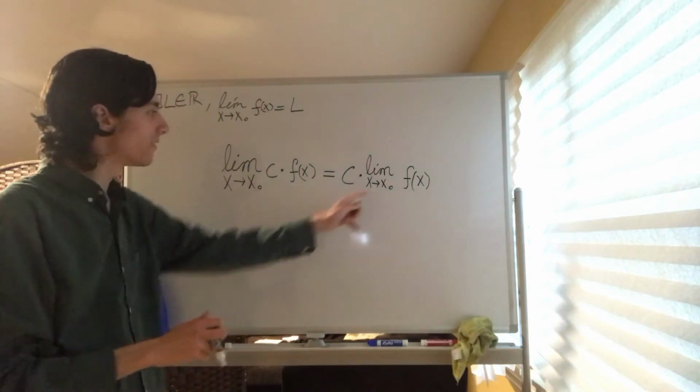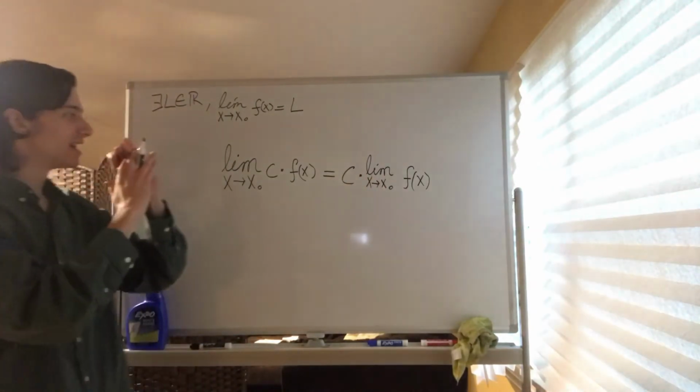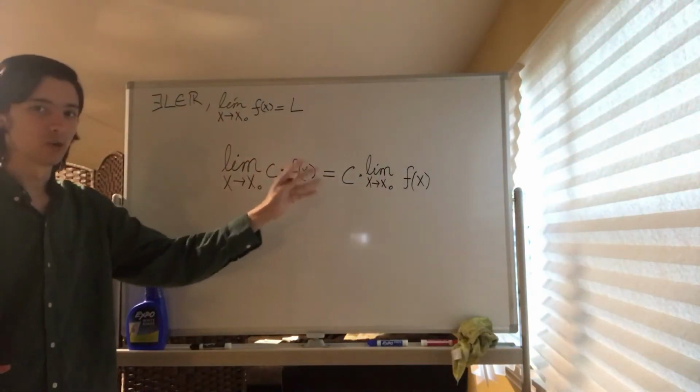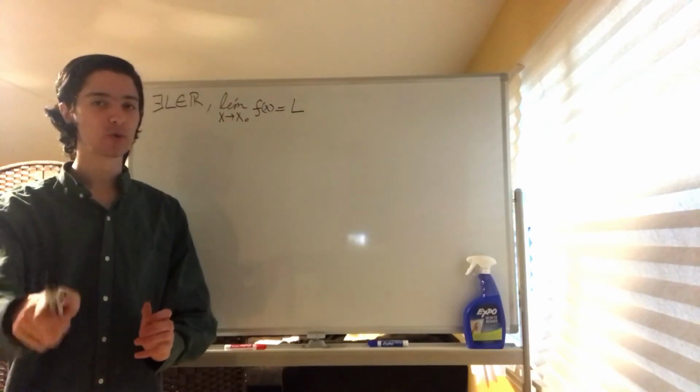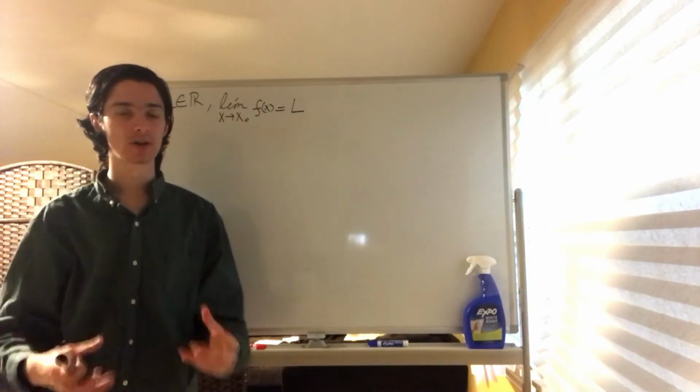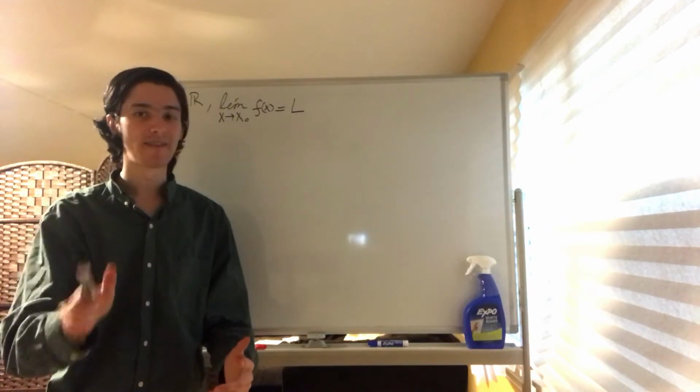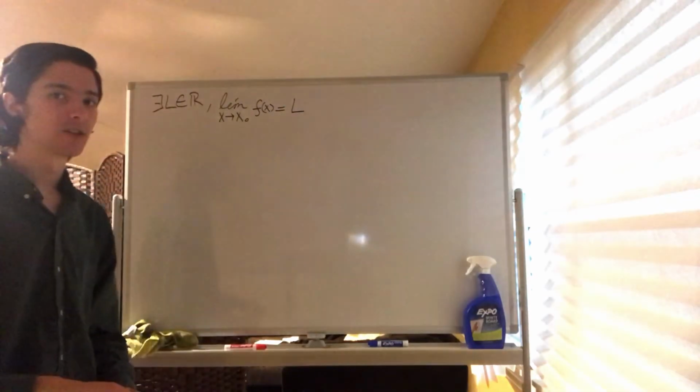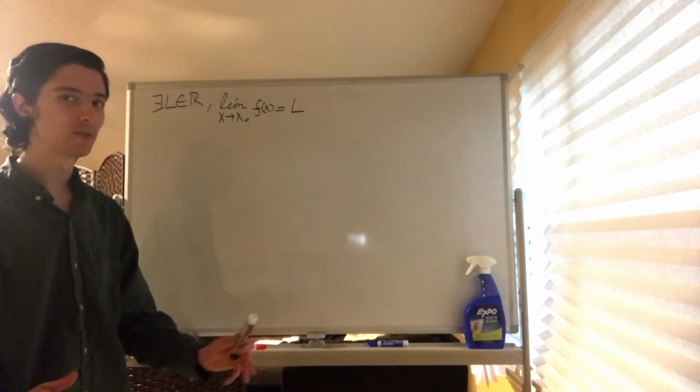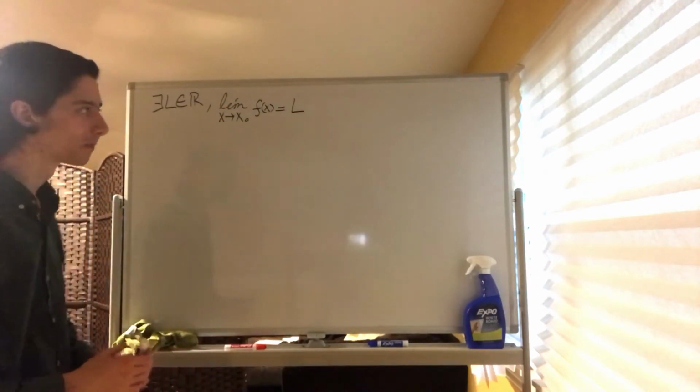And we will show that if this limit exists, then this equality holds true. In order to prove the statement that was on the board earlier, we need to use the definition of a limit.